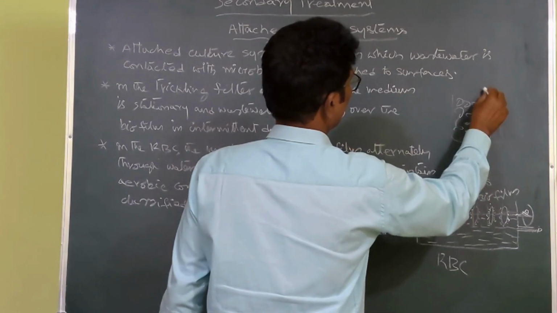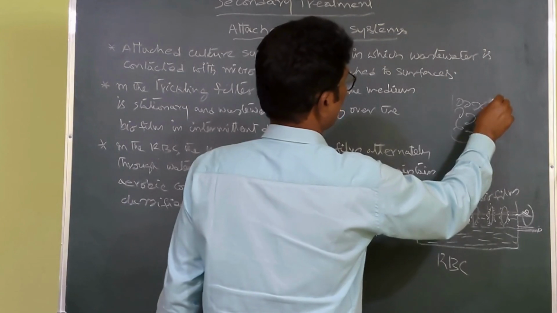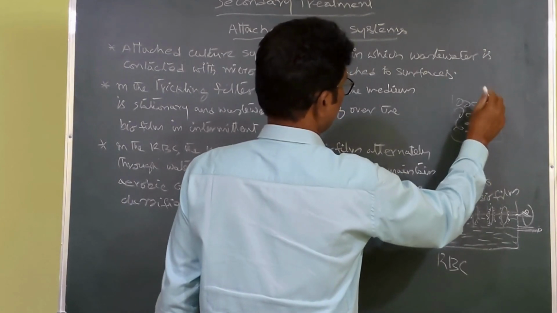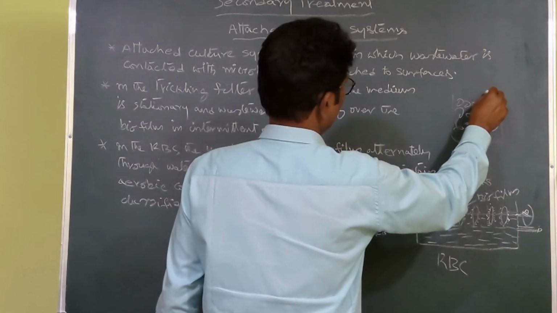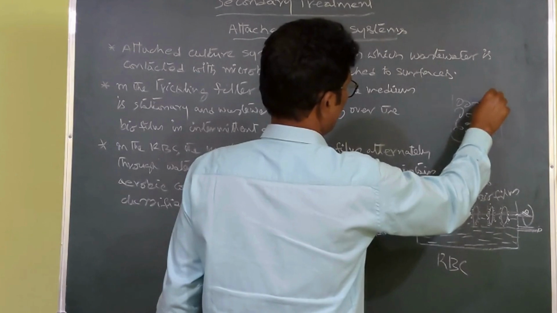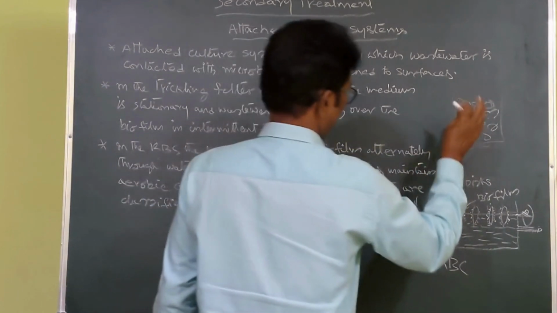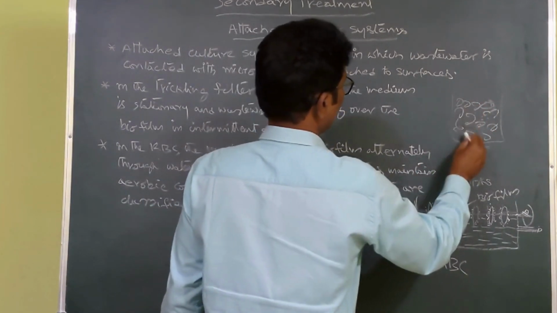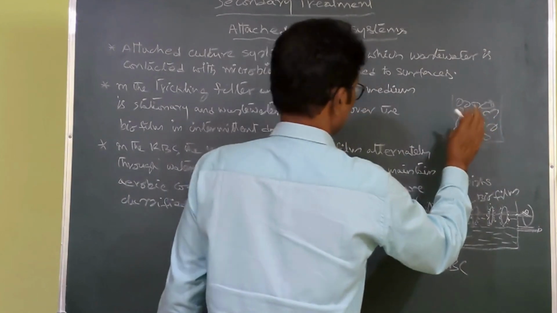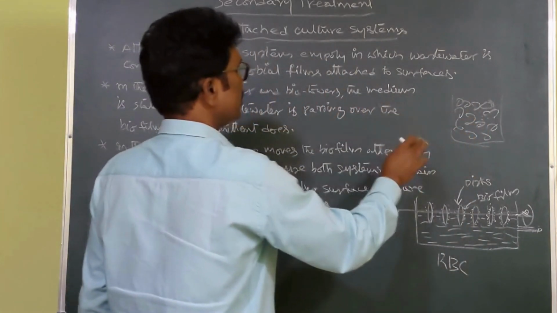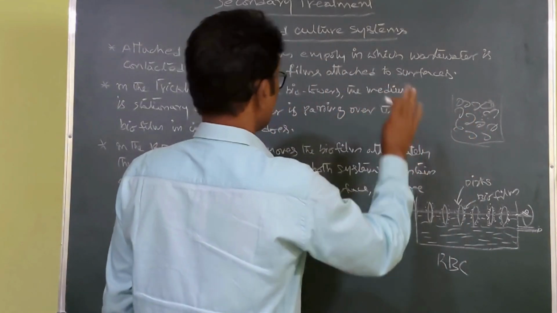Water is coming over that, they consume the food deposited on it. At the same time, because of porosity, enough dissolved oxygen can also be maintained. So this media is stationary, it does not move. That is the arrangement in the bio towers as well as the trickling filter.